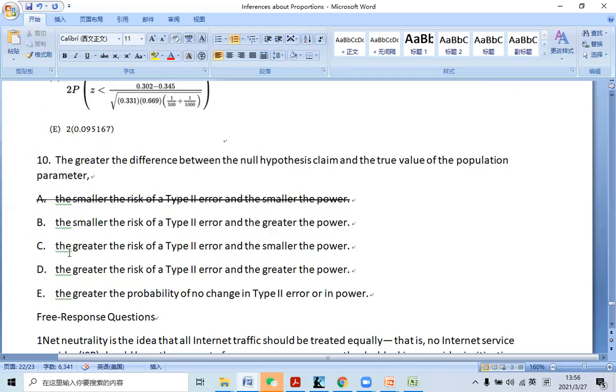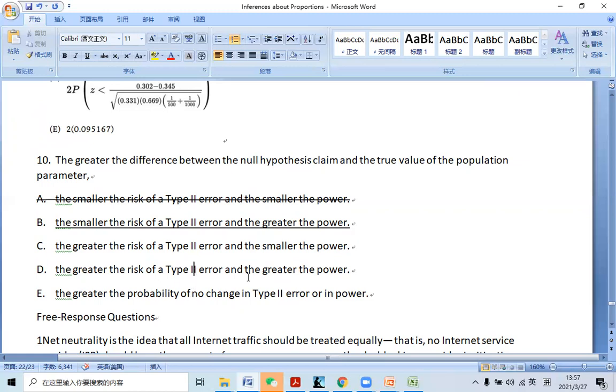Let's look at C. The greater the risk of type 2 error, the smaller the power. This one is not wrong. This statement is good, but it does not apply to the question.